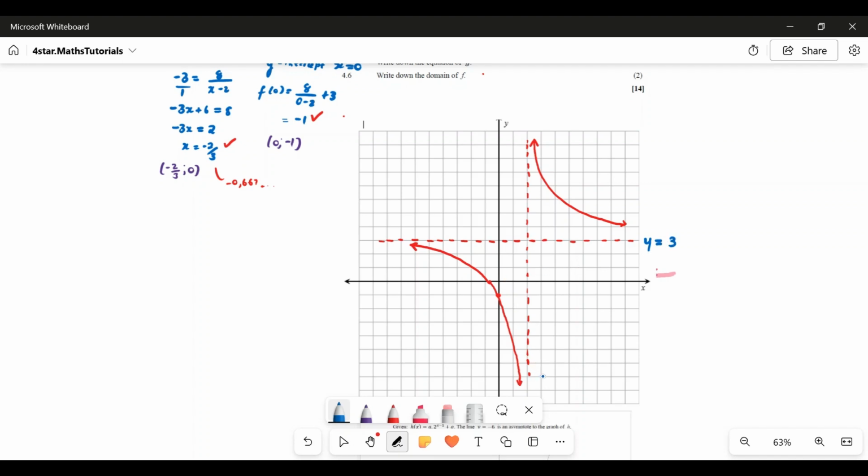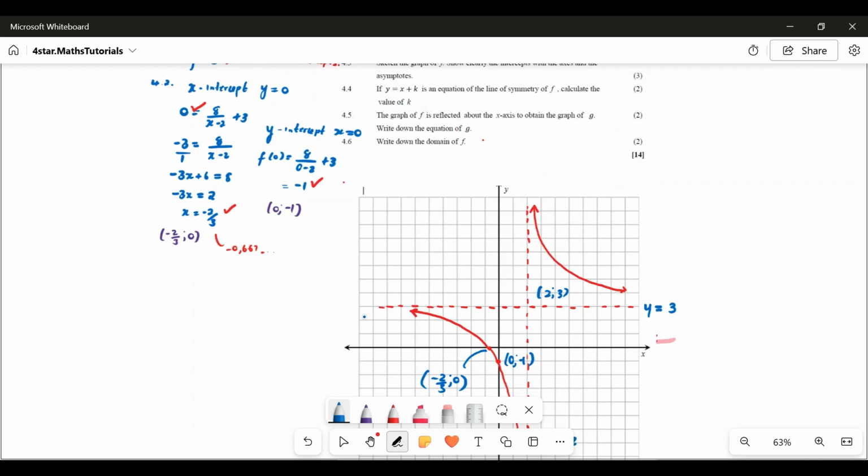We're having the x asymptote, this is x is equal to 2. Then this is the coordinate where they meet, x is 2, then 3. Then here we're having negative 2 over 3 with a 0. Then there we're having 0 and negative 1.